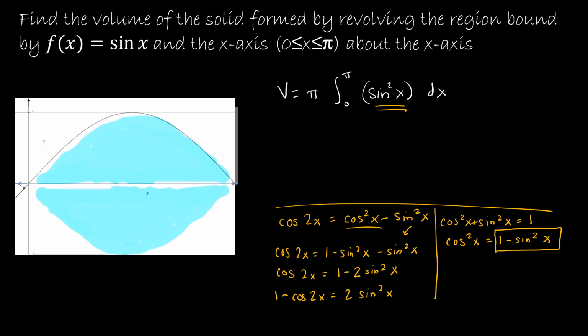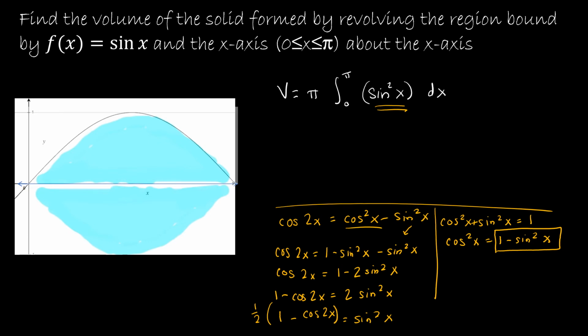Again, by just adding, subtracting, etc. And now I want to get just sine squared x, so I'm going to take everything divided by 2. So 1 over 2 minus cosine of 2x over 2 is equal to sine squared x. And now keep in mind, I could have just taken that 1/2 to the outside and left this as 1 and cosine 2x.